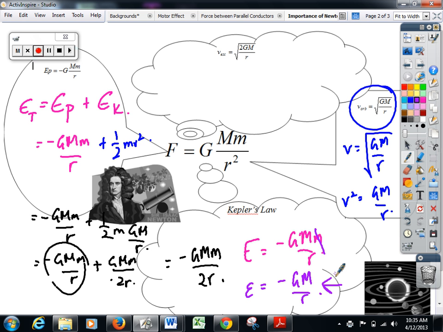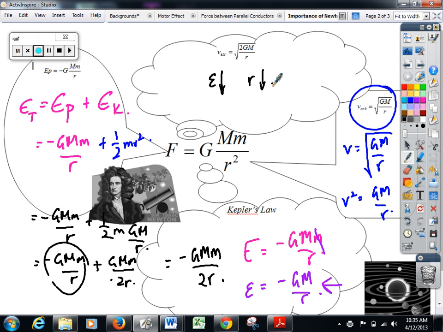What would happen if my satellite slowed because it lost energy through friction with the atmosphere? If E was to reduce, then r must also reduce because it's a negative value.